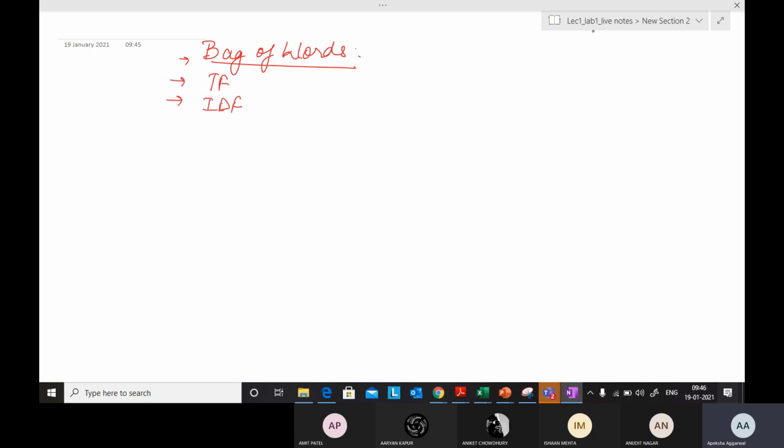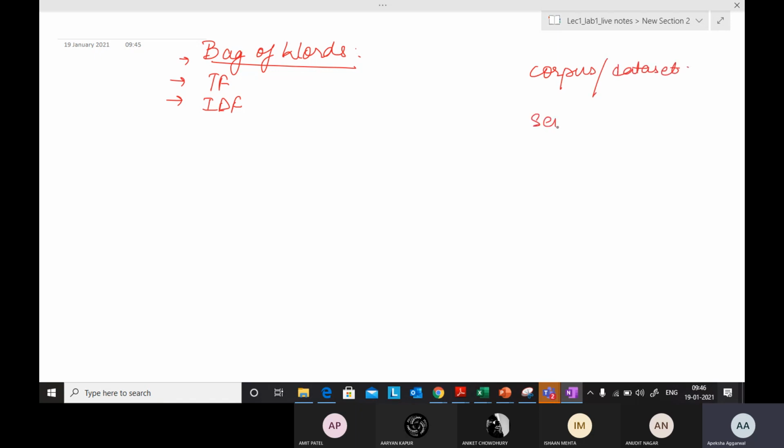After you have extracted the set of words from the sentence or the corpus, meaning the set of sentences, meaning the dataset. Corpus and dataset are one and the same thing.